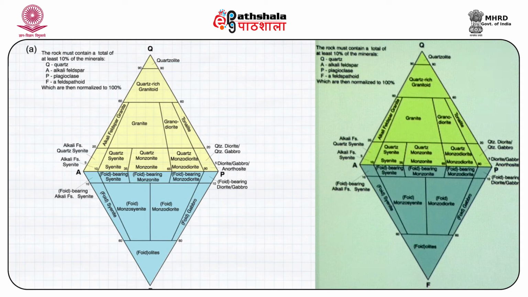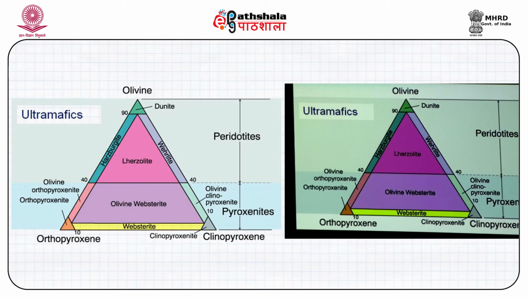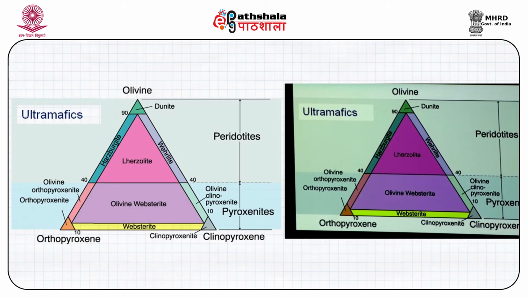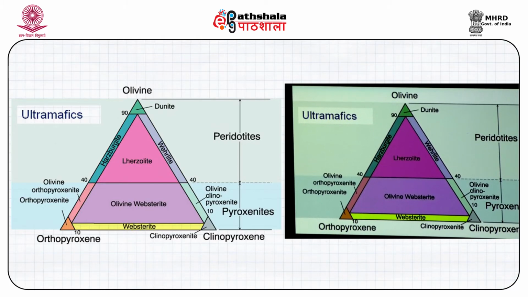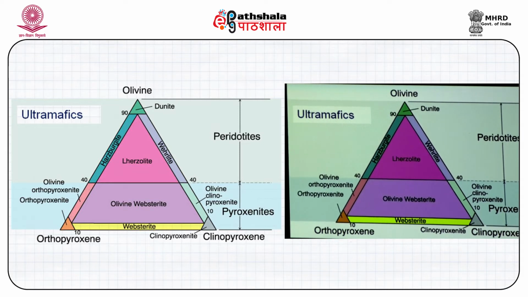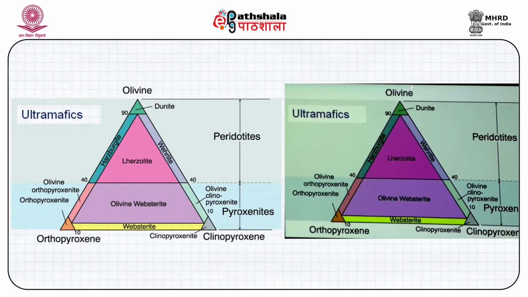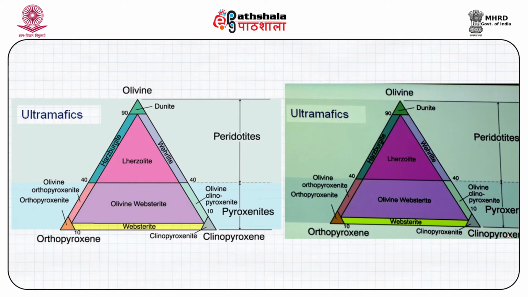So, these are the classifications based on mineralogy, in which you have more than 10% quartz, feldspar and feldspathoid present, and then these are the more mafic rocks. Now we have rocks which are more of olivine, orthopyroxene and clinopyroxene.